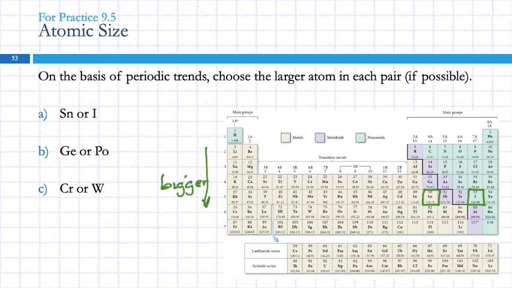And as we go across, what happens? They get smaller because of the effective nuclear charge. Here, these two elements we're comparing are in the same row, the same period. So which one is larger? Tin will be larger because as we go from tin to iodine, the trend says they get smaller. So out of tin or iodine, we would say that tin is probably larger.